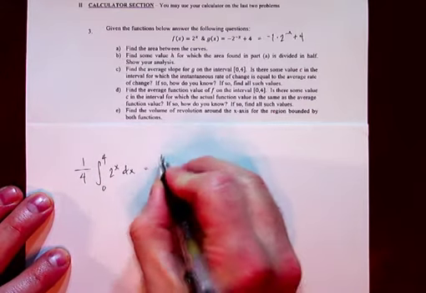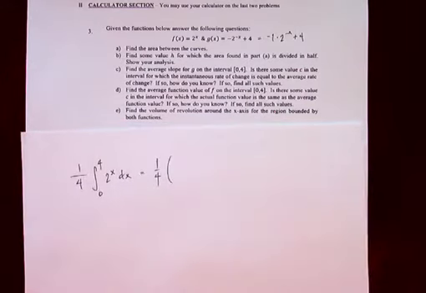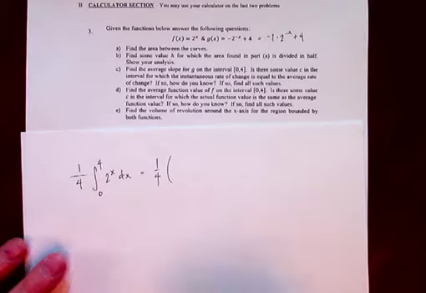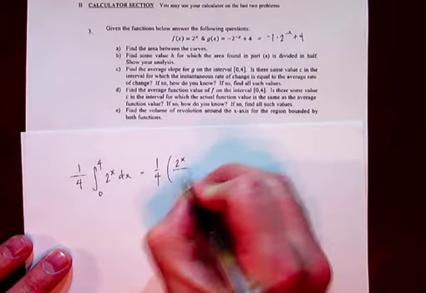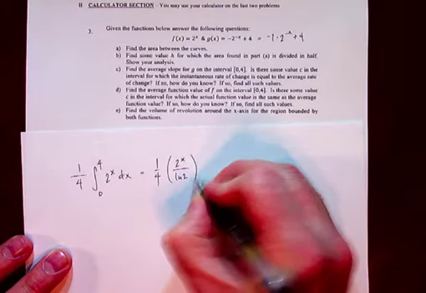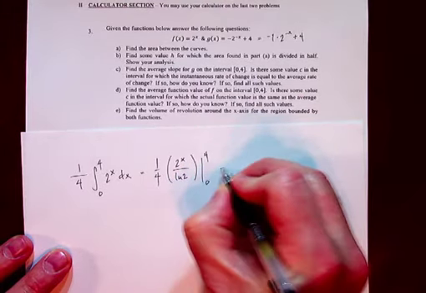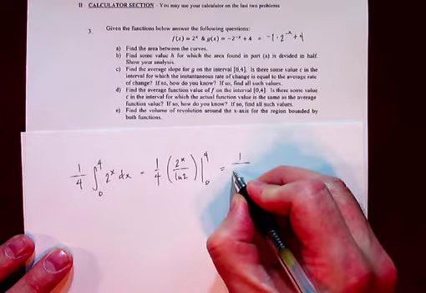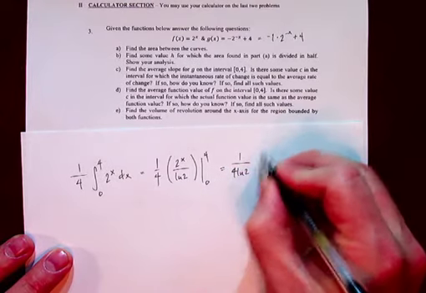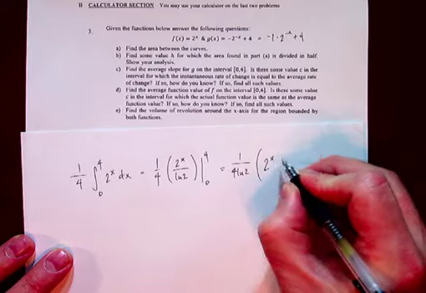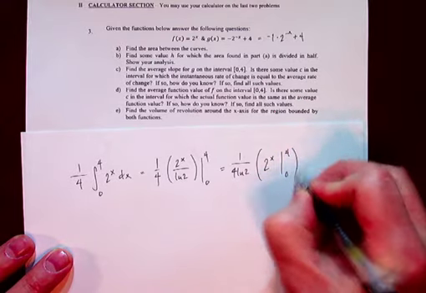Okay. Now, when we are dealing with derivatives of 2 to the x, it obviously is 2 to the x natural log 2. But if I'm going the other way, it's 2 to the x over natural log 2, right? So I have 2 to the x over natural log 2, and I want to evaluate it from 0 to 4. Well, I don't want that in there, so let's go ahead and pull the natural log 2 out, and we're just left with 2 to the x from 0 to 4.